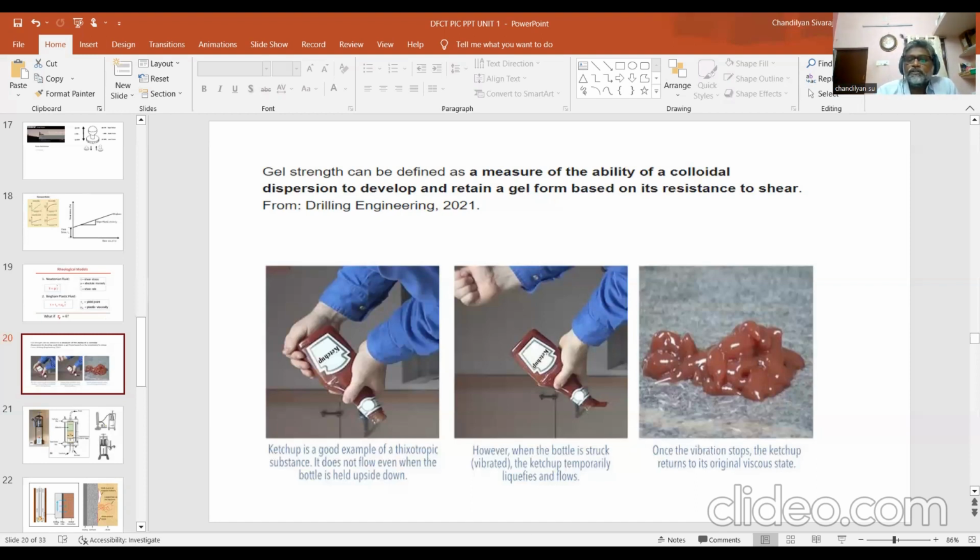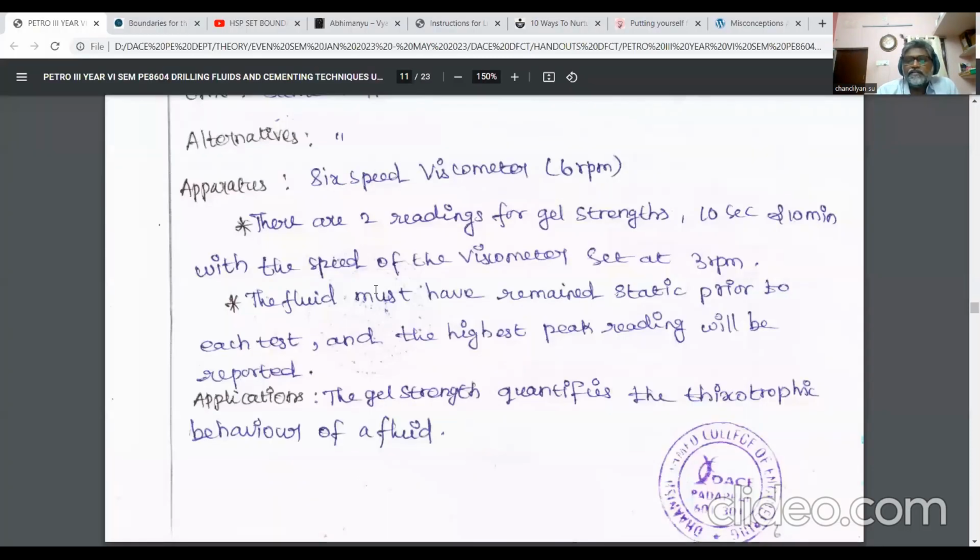For drilling fluid, the same condition applies. When a drilling fluid is rotating, because of the hydrodynamics of the drill bit and the fluid present there, the chances are the drilling fluid could become like a gel. What is the parameter with which we are going to measure this? It is the gel strength.